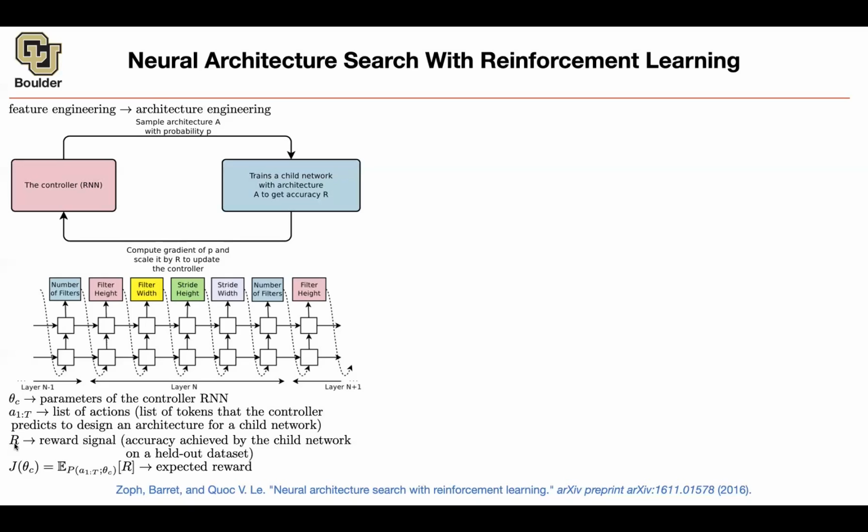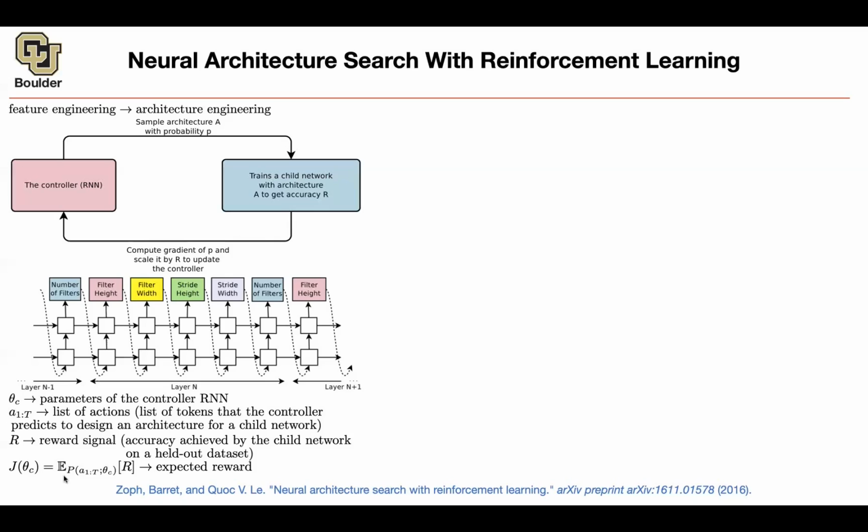And then in the end, what you want to do is exactly what you just asked in the chat. You want to maximize the reward, the accuracy of your model on the validation data. And then you are sampling from your probability distribution, so you're sampling from your RNN, and that's going to give you your expected reward function.